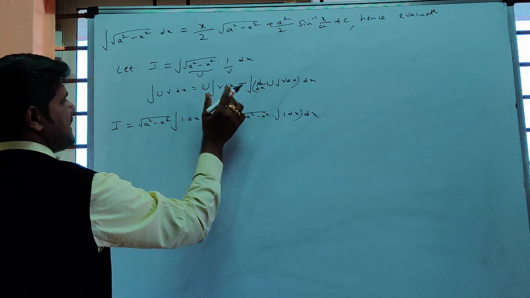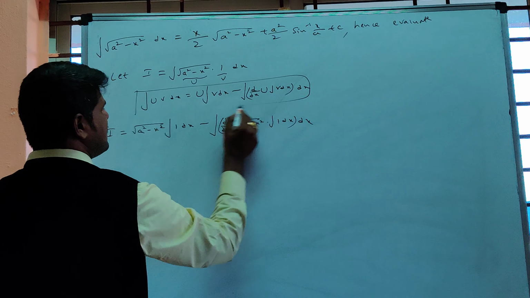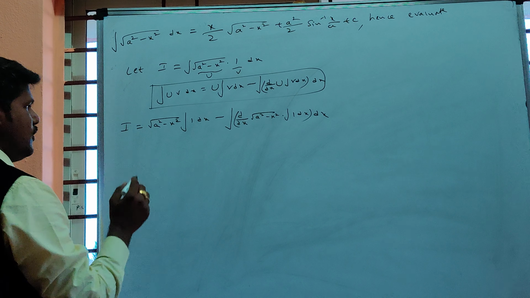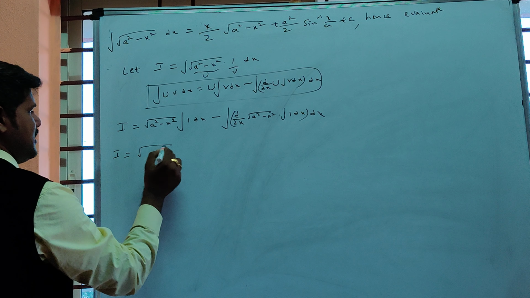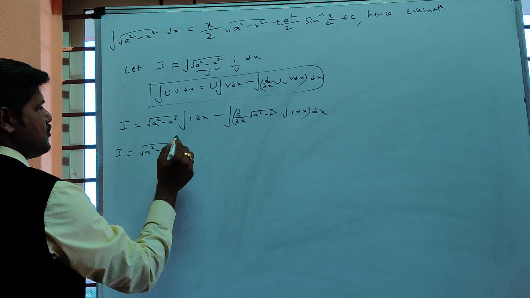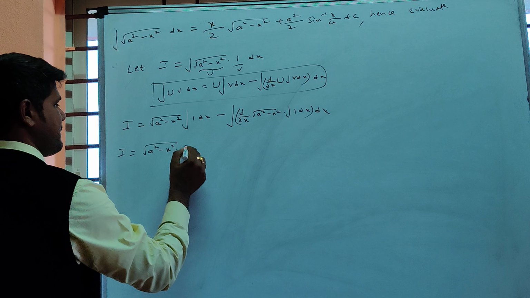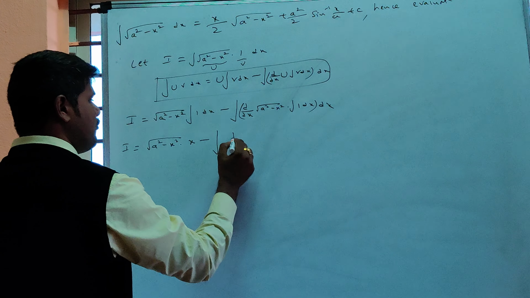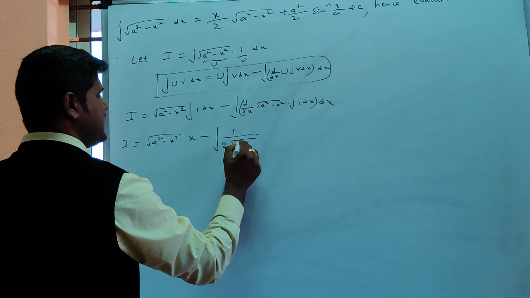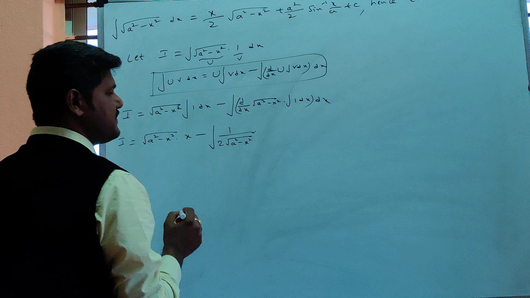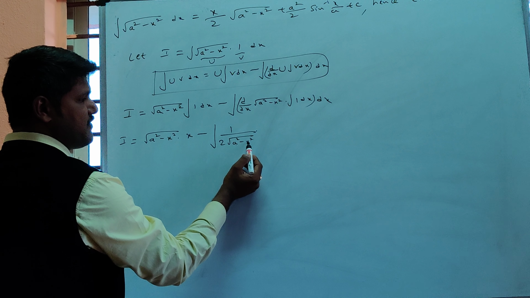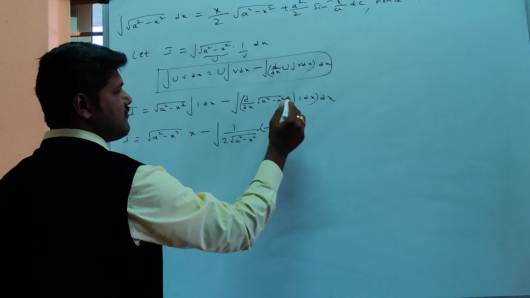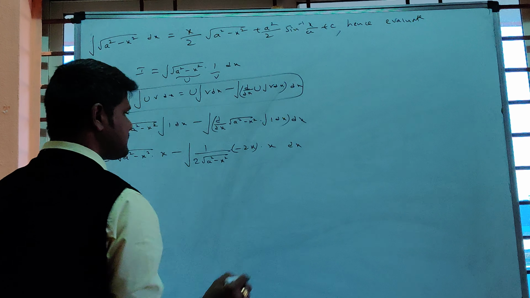Just see this formula. In place of u, root of a square minus x square, in place of v, 1 dx. Now I is equal to root of a square minus x square into what is integral 1? x, minus integral d by dx of root a square minus x square: 1 by 2 root of a square minus x square into derivative of a square 0, derivative of minus x square is minus 2x, chain rule, into integral 1 means x dx.